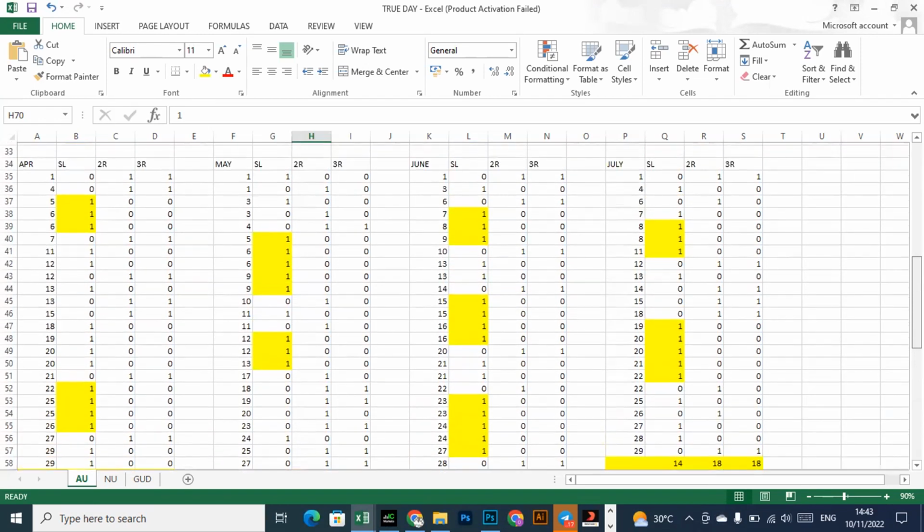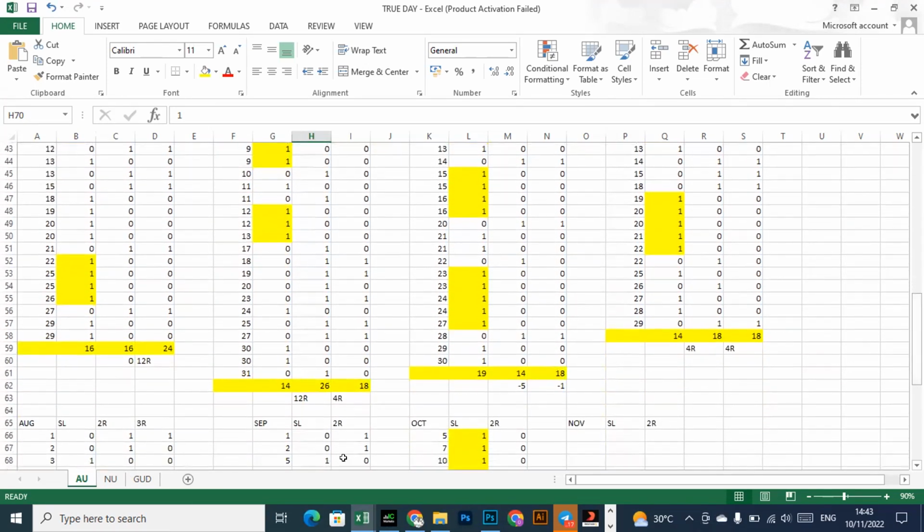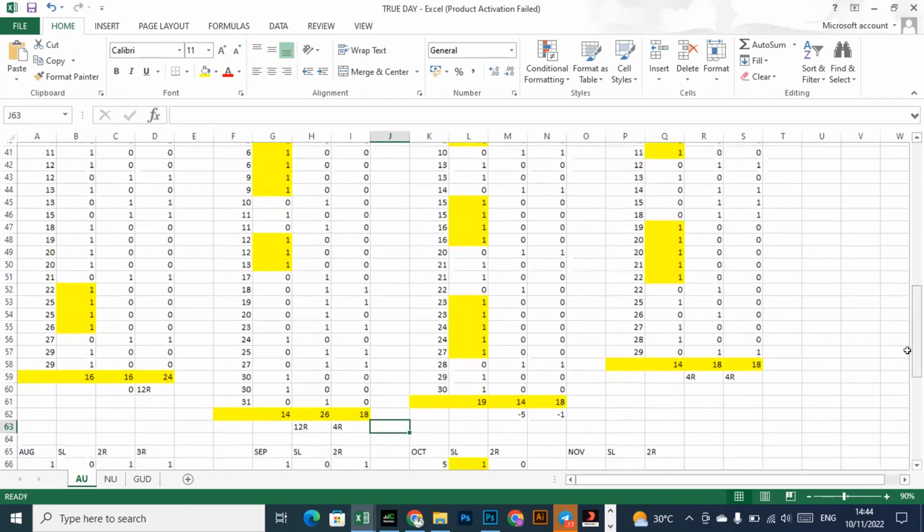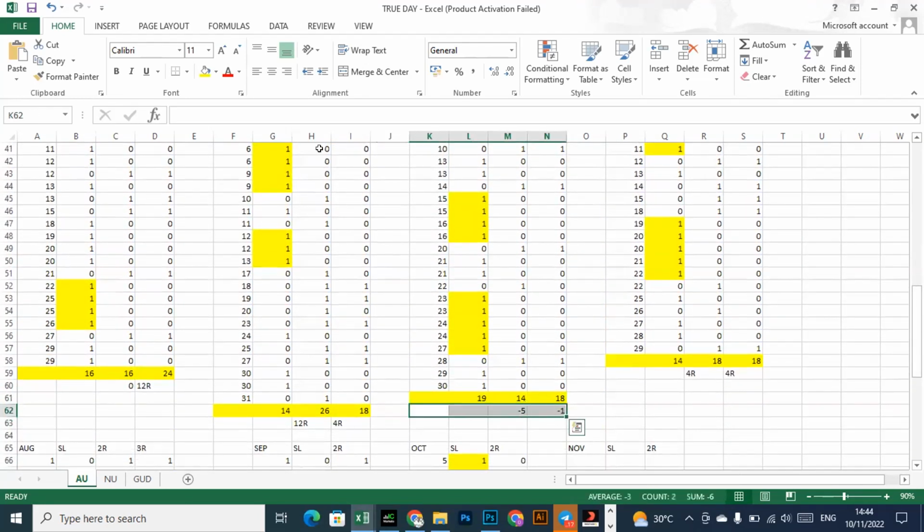The month of May, for the first time, the 2R seems to be giving more than 4R. The month of June was a bloody month. If that was the first month you are trying to use this strategy, you might just throw it away.